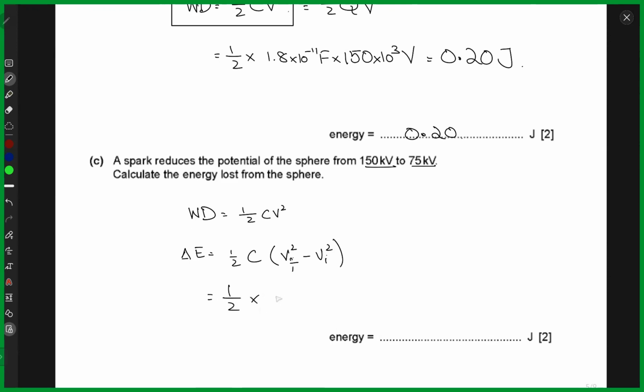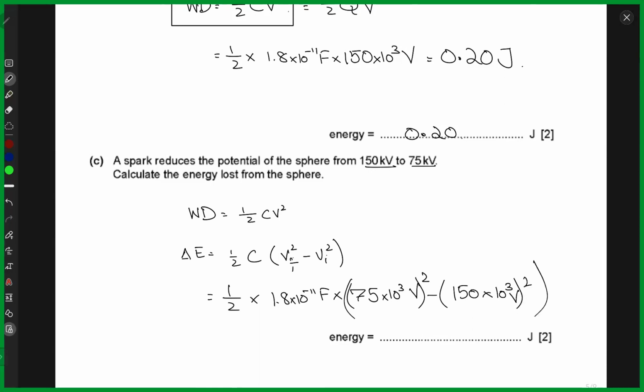Half into the capacitance, 1.8 into 10 raised to power minus 11 farads, and the final voltage is reduced, so this would be 75 into 10 raised to power 3 volts squared minus 150 into 10 raised to power 3 volts squared.